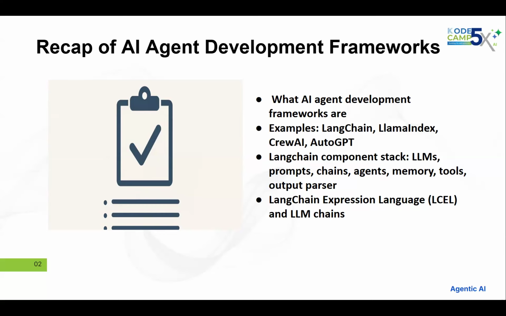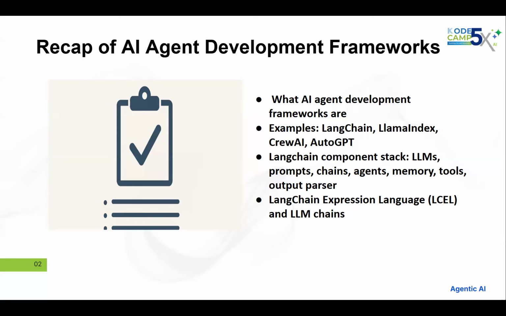We touched on LangChain. LangChain is a framework for LLM orchestration. We also touched on Llama Index.